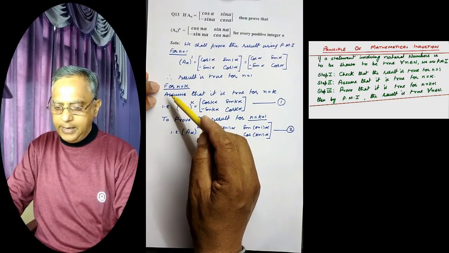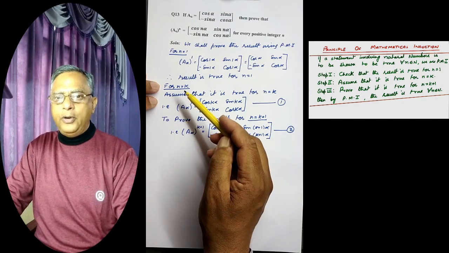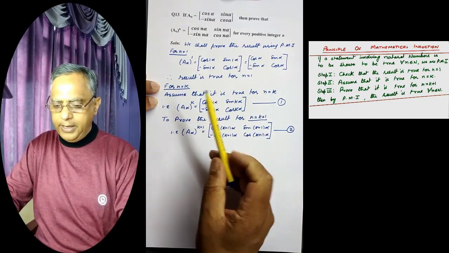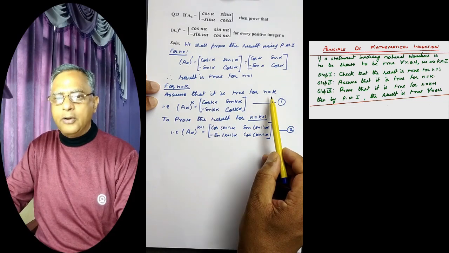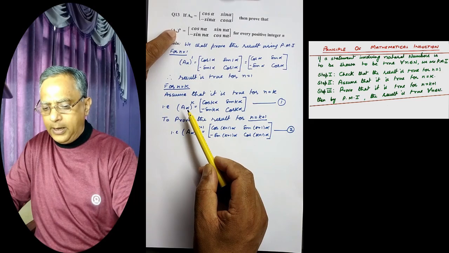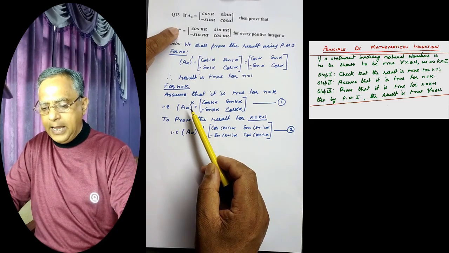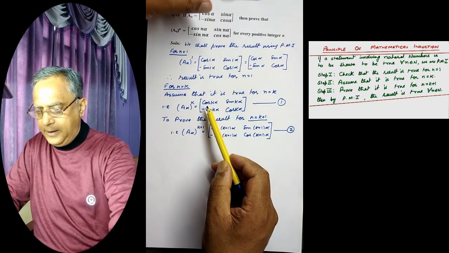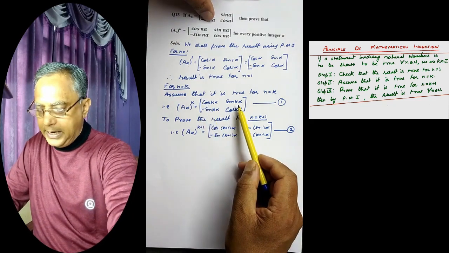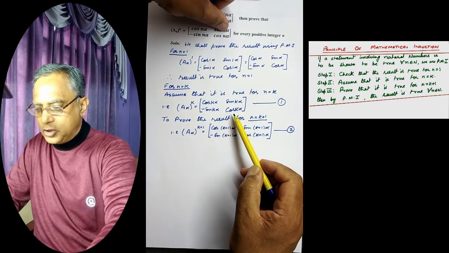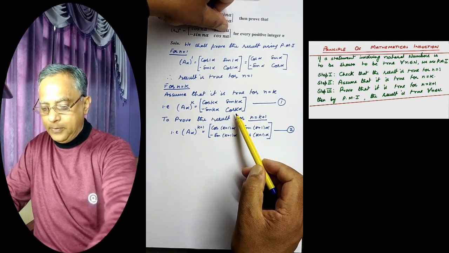Now for n equal to k, what we do is assume that the result is true for n equal to k. That is, put k instead of n. A alpha to the power of k is cos k alpha, sin k alpha, minus sin k alpha, cos k alpha.